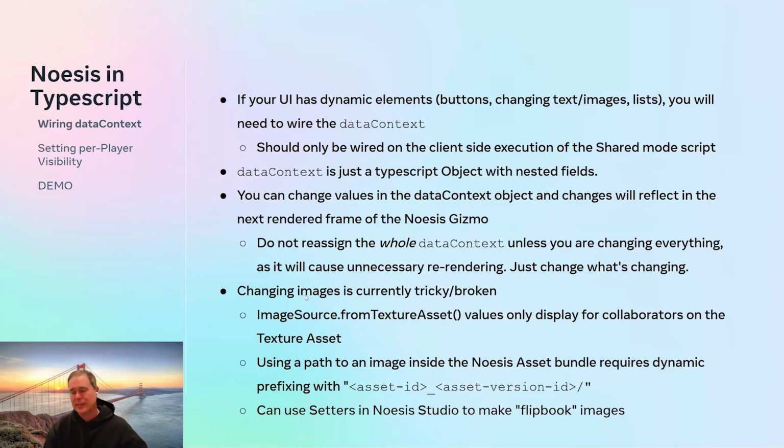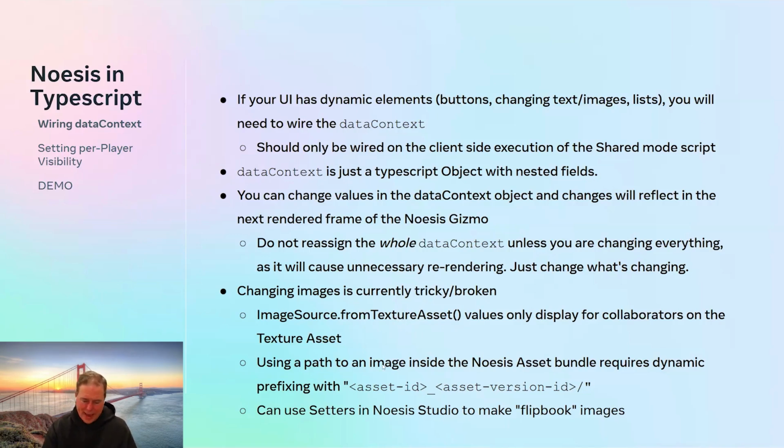You can change the text string, and then the text string will change in the next frame. You can change some integer value for a position, and that will change the position of the bound thing to that integer in the next frame. You can change images, but it's a little tricky. There's some bugs with changing images right now, and I don't think we'll have time to really talk about the specifics of it, but there's some issues with image source from text or assets don't exactly work for people who aren't collaborators.